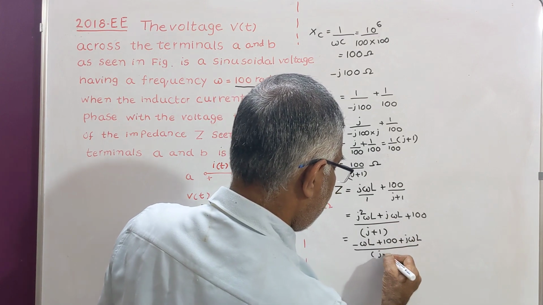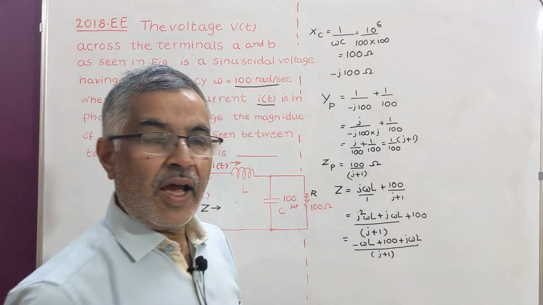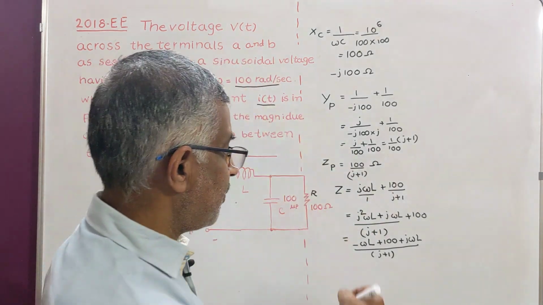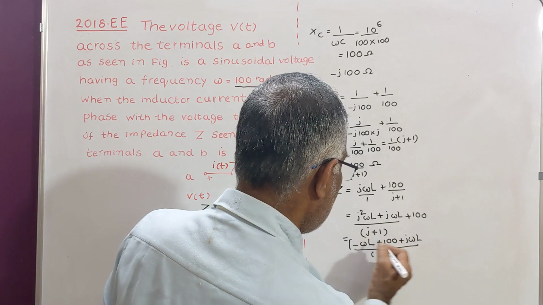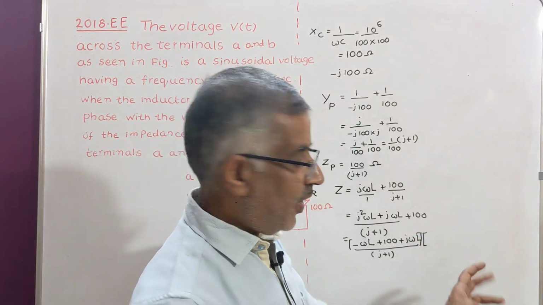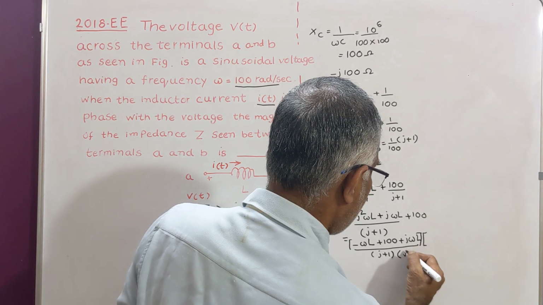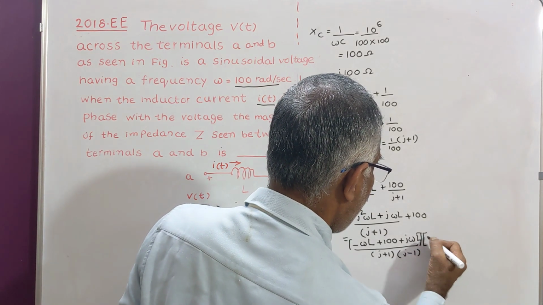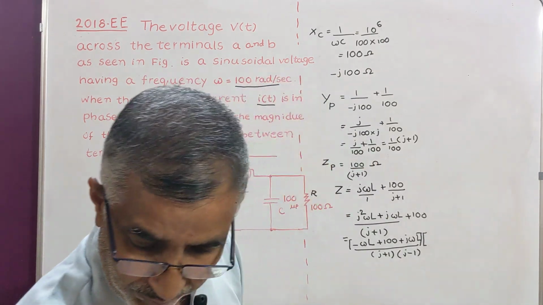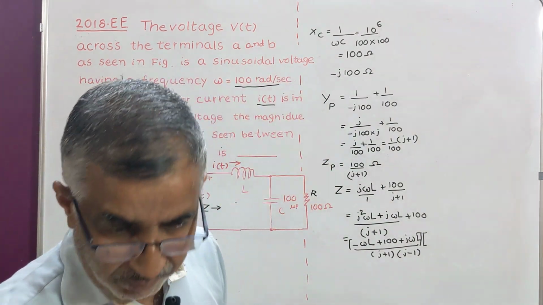This is divided by j plus 1. Now, because there is j plus 1 in the denominator, I will rationalize, multiplying numerator and denominator by 1 minus j.